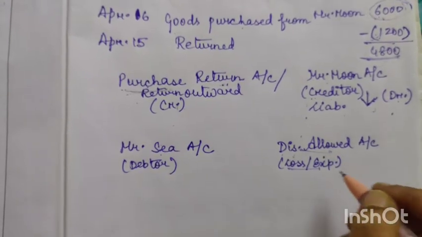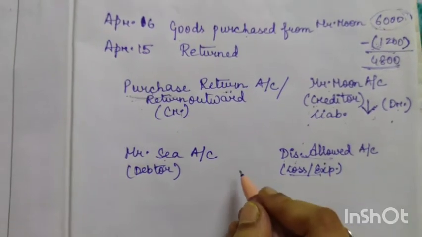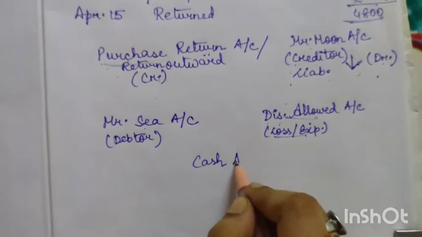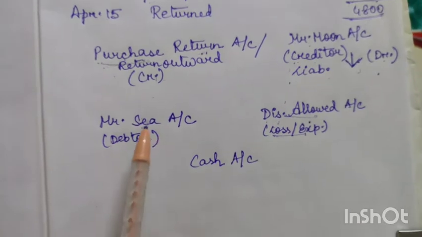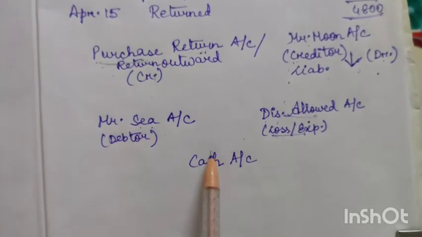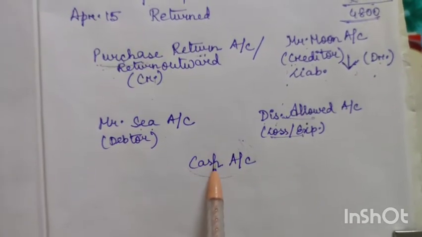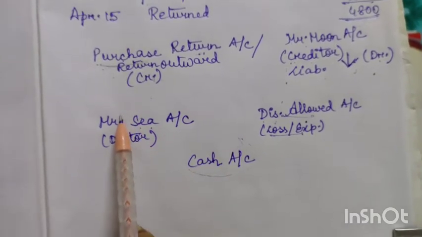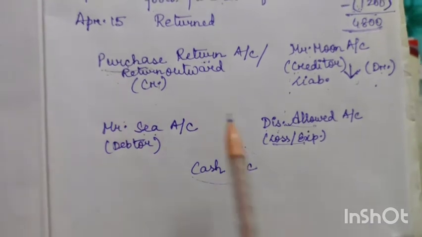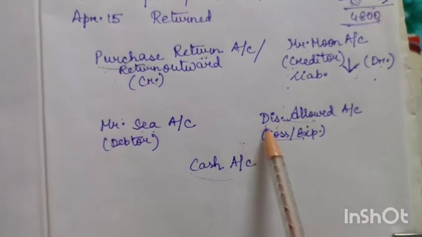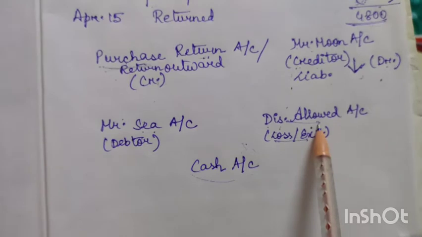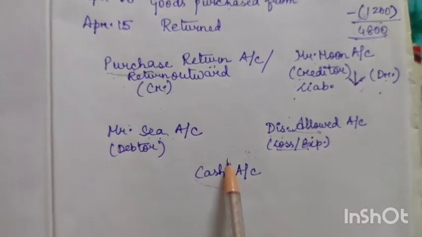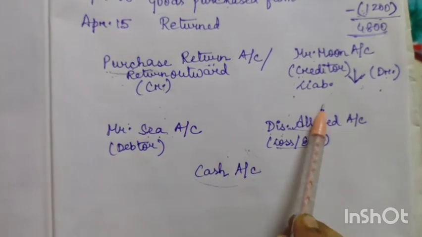So in that case, discount allowed, and what we have received from him, we have received cash, right? So in this case we need to open 3 accounts. One is cash account, as we have received cash from him. Another, from whom we have received the cash, Mr. C account. Okay, and as we have allowed him discount, so we need to open discount allowed account. So here we can see that in this case we need to open 3 accounts, one cash, one Mr. C, and one is discount allowed.